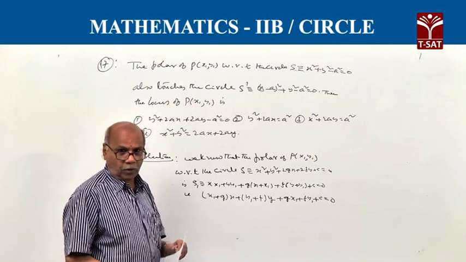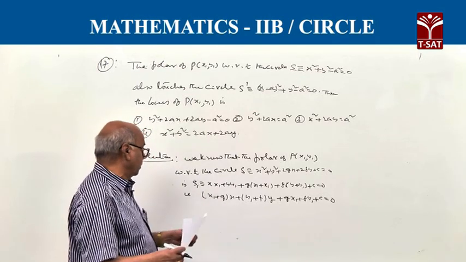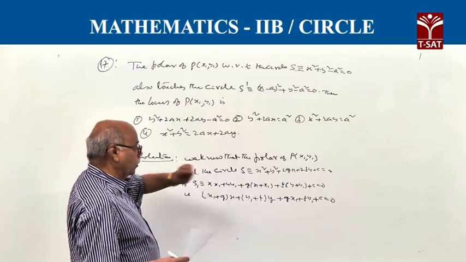This is the formula for the polar of a point (x1, y1) with respect to the circle S = 0, and that equation is represented by S1 = 0.